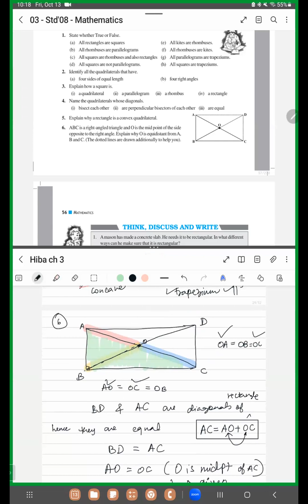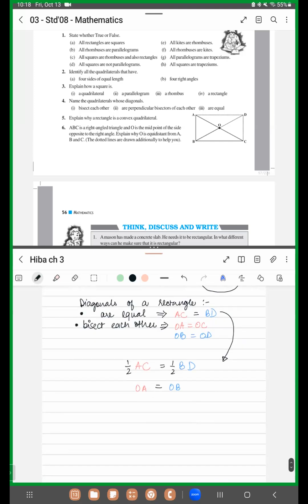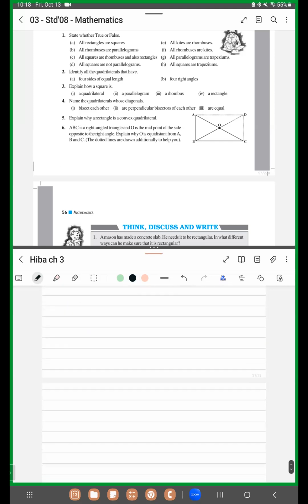Diagonal BD is being bisected, so BO is equal to OD, so BO is half of BD. Okay? Is this clear? Yes. Any other question?